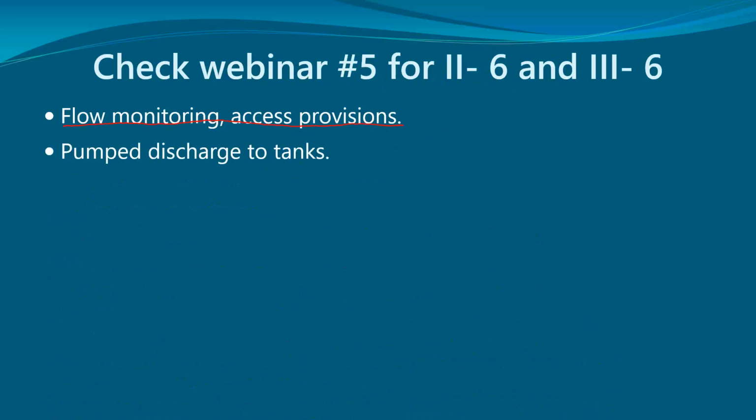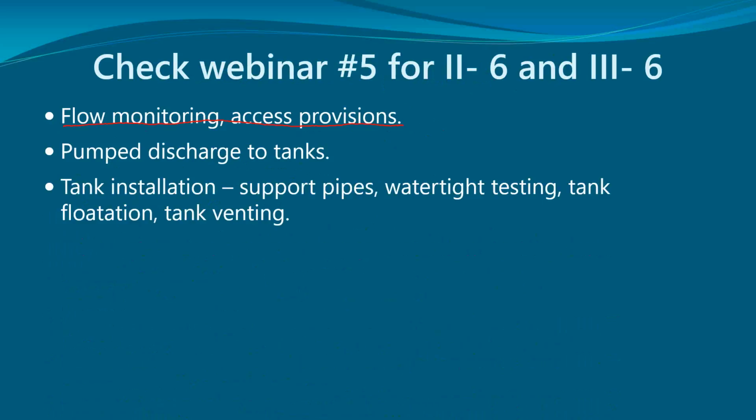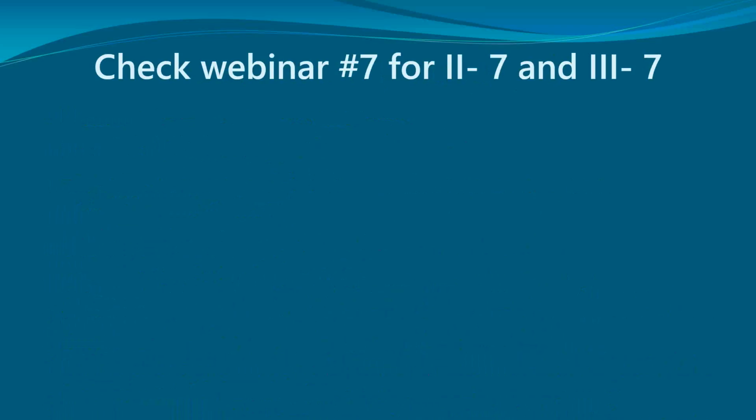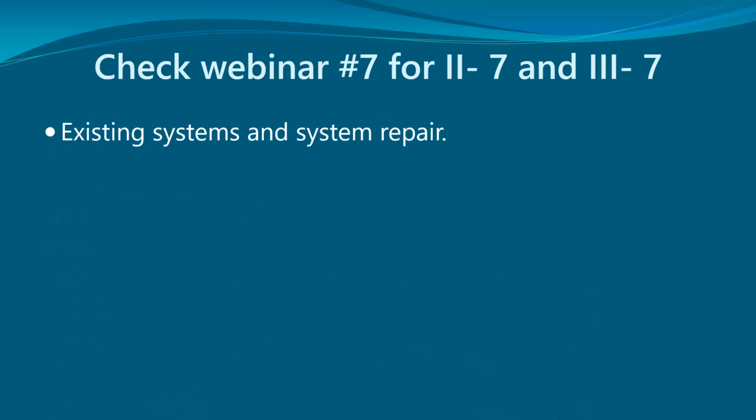There's where we get the standards for pump discharge to tanks, for tank installation, for observation ports, new standards for drip systems, siphons, floats, Alberta at-grades, combined treatment dispersal system, and all those other things are all in 2.6 and 3.6.